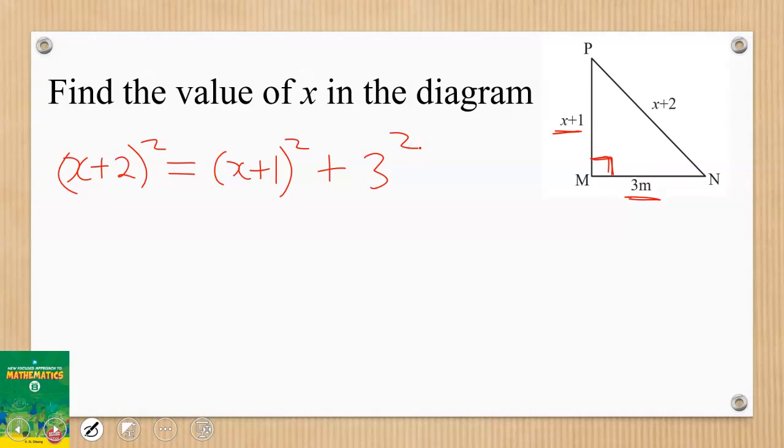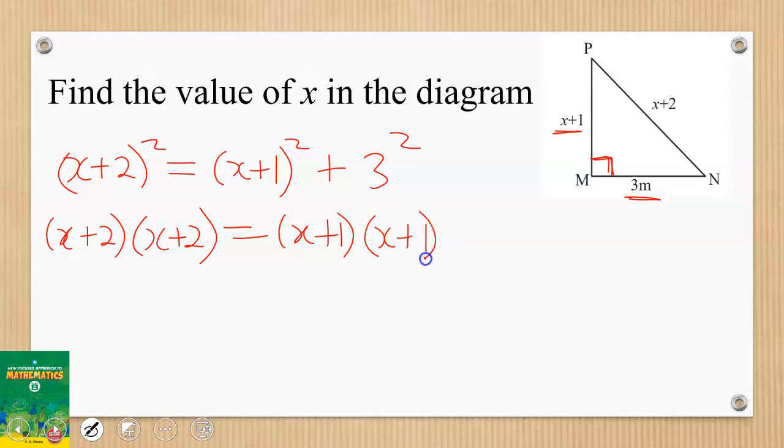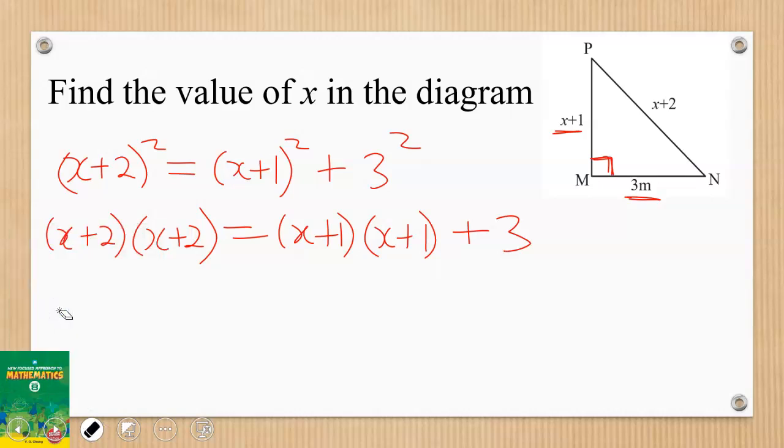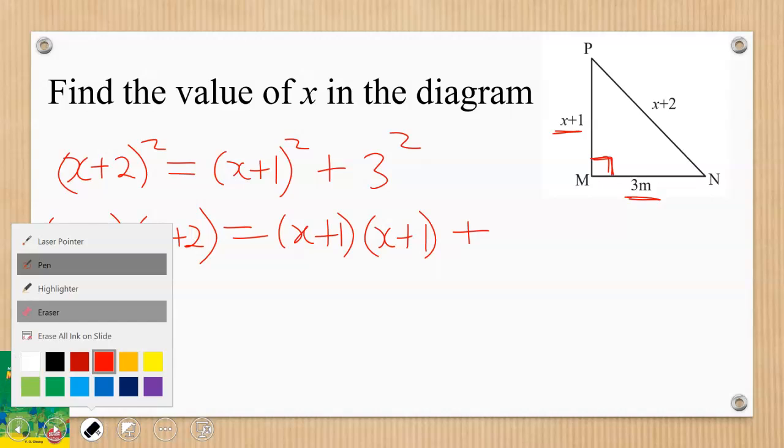Right. I hope it makes sense. Good. Now we can expand and simplify this. When we expand this one, we are going to have x plus 2 times x plus 2 is equal to x plus 1 times x plus 1 as well. There's a short way of doing this, but I want to go through the long approach so I don't get confused.